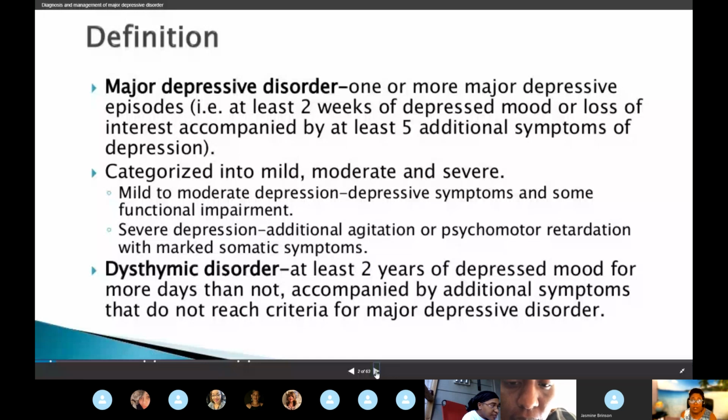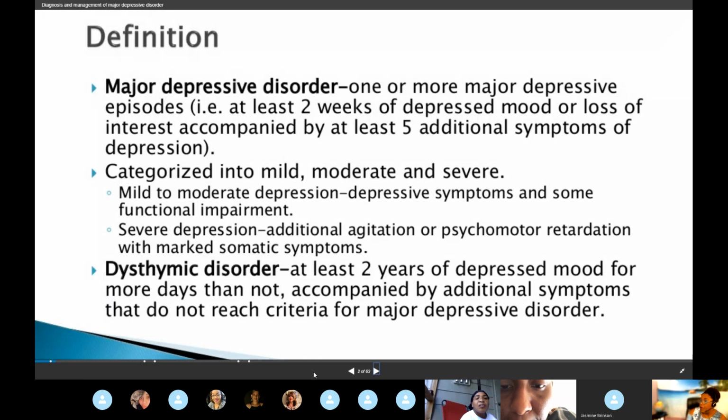It's 1 year in children. So if you're under the age of 18, I'm looking for 1 year, but it's 2 years if you're an adult. And it is like that cyclothymia, that up and down. It's called persistent depressive disorder now, but it used to be called dysthymic. It's like always having that low thing going on.